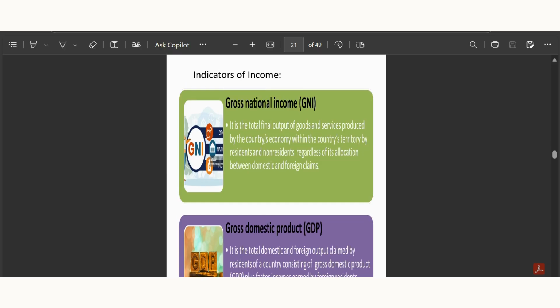First, gross national income, also known as GNI. GNI, or gross national income, is the total final output of goods and services produced by the country's economy within the country's territory by residents and non-residents, regardless of its allocation between domestic and foreign claims.